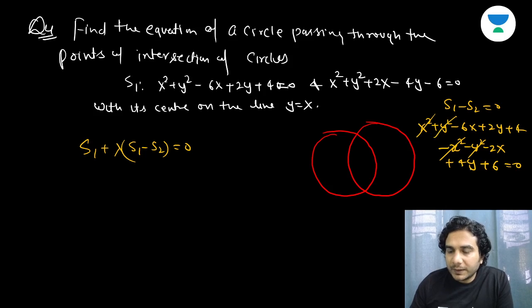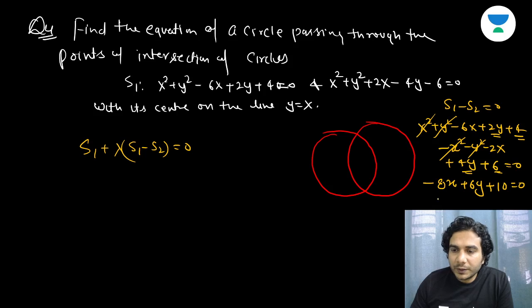It is going to be minus 6 and minus 2, which is minus 8x, plus 2y plus 4y is plus 6y, and 4 plus 6 is 10, is equal to 0, right? If you divide by minus 2, you can simplify it first. 4x minus 3y plus 5 is equal to 0, okay?